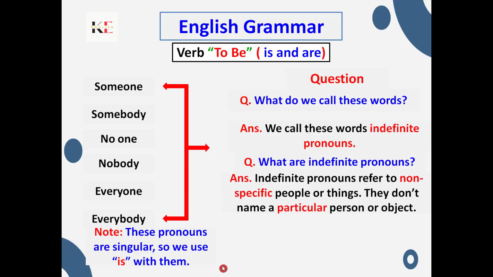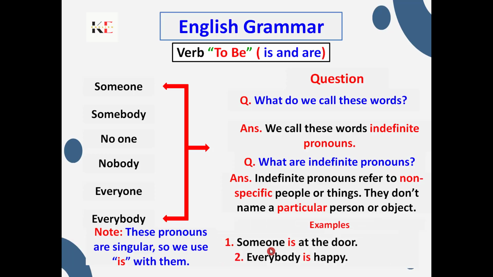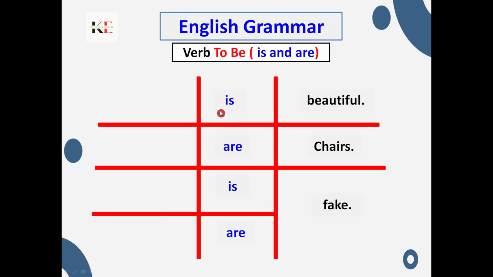Let's see examples. Someone is at the door, everybody is happy. We must use is after someone, somebody, no one, nobody, everyone, everybody. We also use is with this: this is beautiful, that is beautiful.